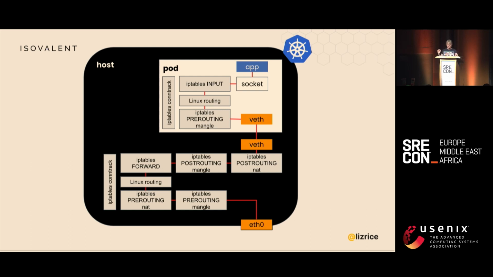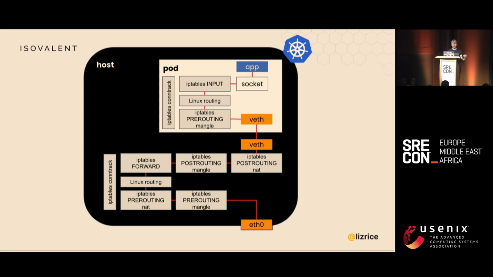Hooray, excellent. So in a containerized world, we usually run our pods with, they each have their separate network namespace. And what that means is there's a virtual Ethernet connection between networking on the host and networking inside the pod.